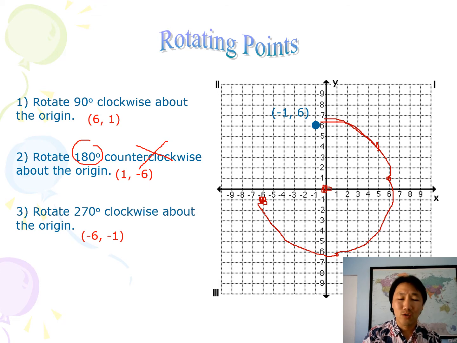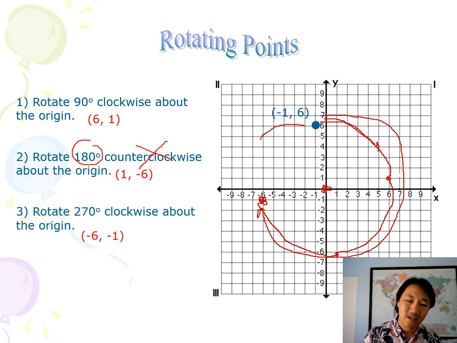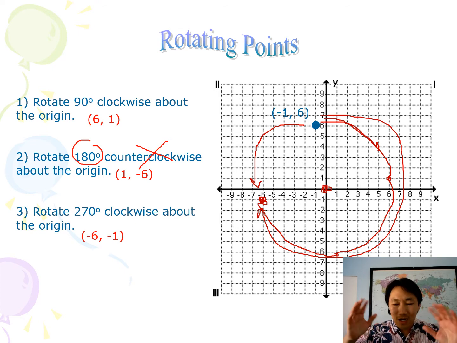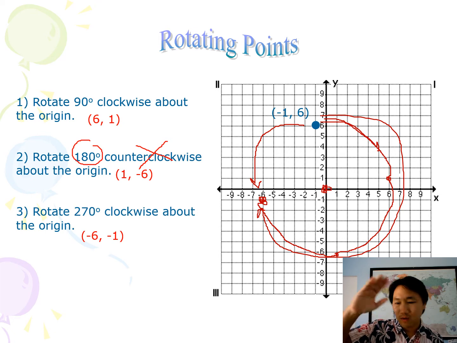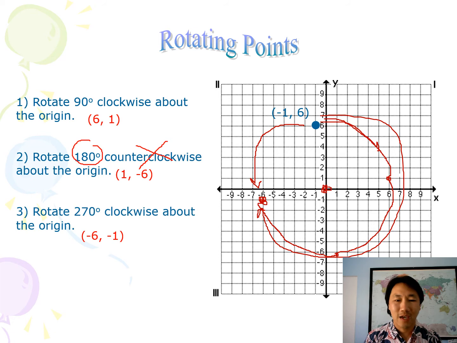And then another thing you should notice is when you go 270 degrees clockwise, it's the same thing as going 90 degrees counterclockwise. All right, so there's a couple of options when you're doing these problems. You can go all the way around or go backwards, but the shorter way. Okay, and we're actually gonna get some rules for all of these angles.